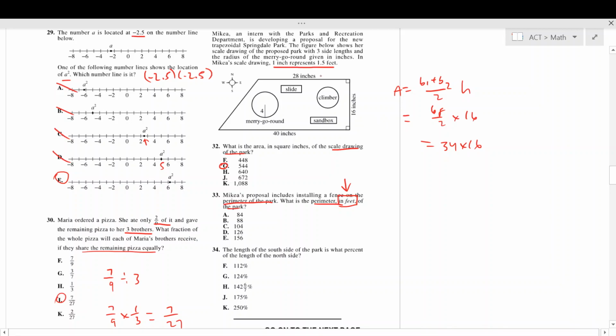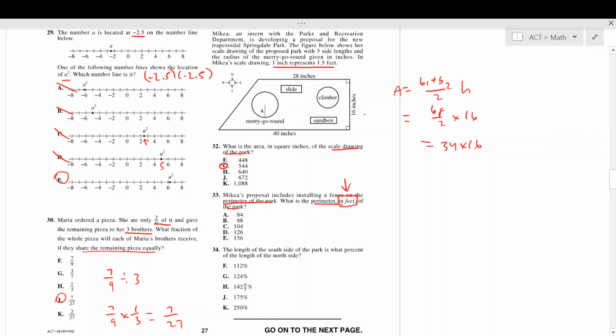Now we need to go back to the little blurb at the top. 1 inch on the scale drawing is 1.5 feet. So we can calculate the perimeter of the scale drawing, and then multiply by 1.5 at the end to get the perimeter of the actual park, because 1 inch on the scale drawing is 1.5 feet in the real world.